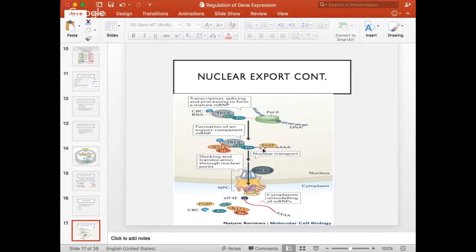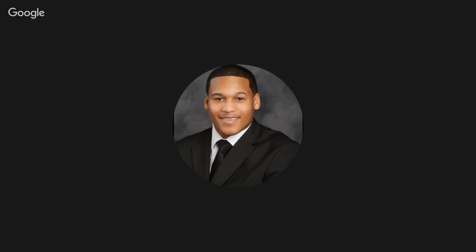So what I mean by this is, there is a protein that is bound to the 5' cap, and proteins bound to the poly A tail.